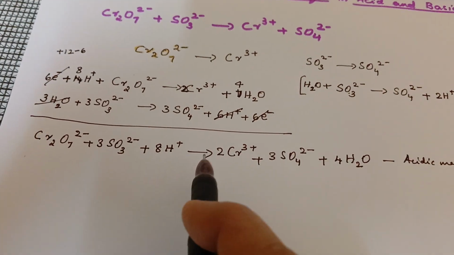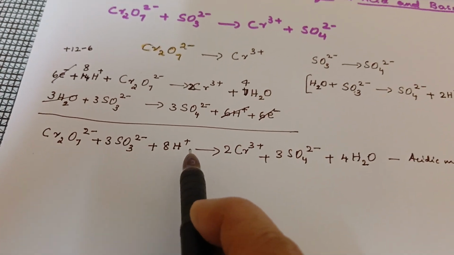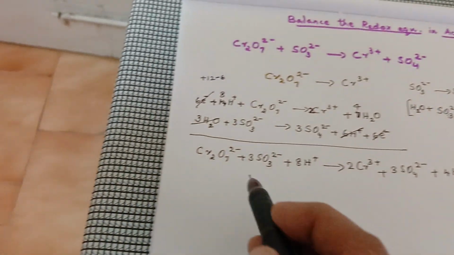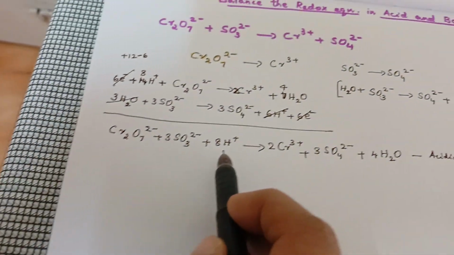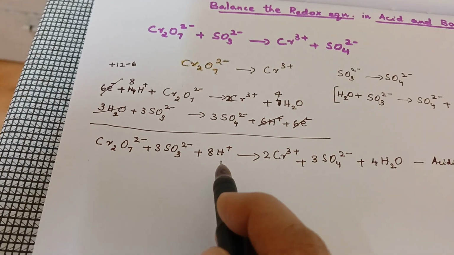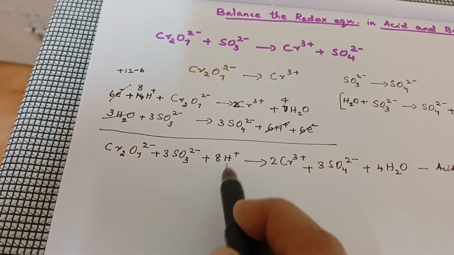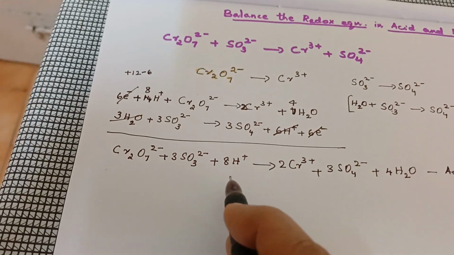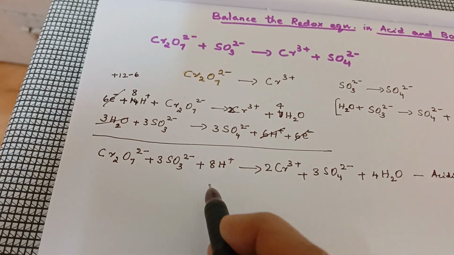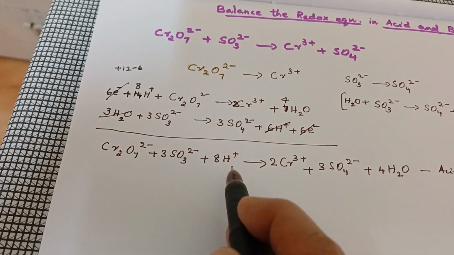But in a basic medium, you don't see these H plus ions. So what we need to do is add an equal number of OH minus ions. Here there are 8 H plus ions, so 8 OH minus ions we need to add to this.